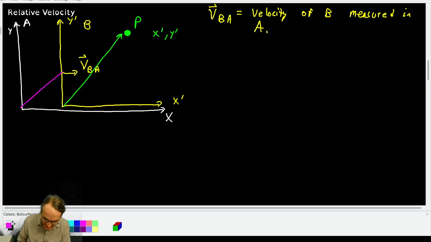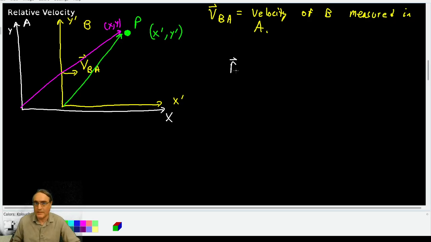In reference frame A, in fact, its actual location depends on x and y. So they would have a different coordinate system describing their location. What we want to talk about is what the position would be measured in a particular reference frame. So let's say we want to find the position of object P in reference frame A.